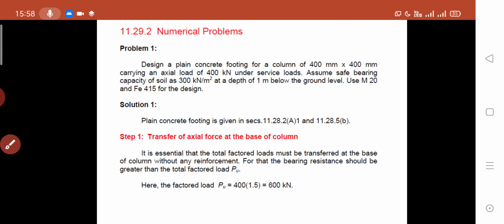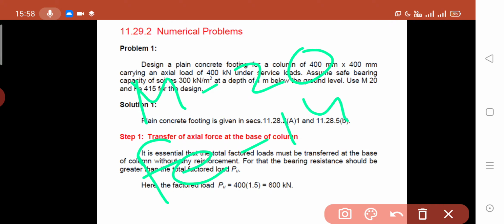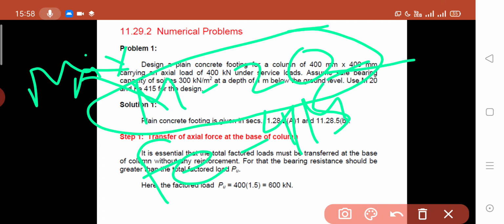And in this question we use M20 and FE415. This is the grade of concrete.